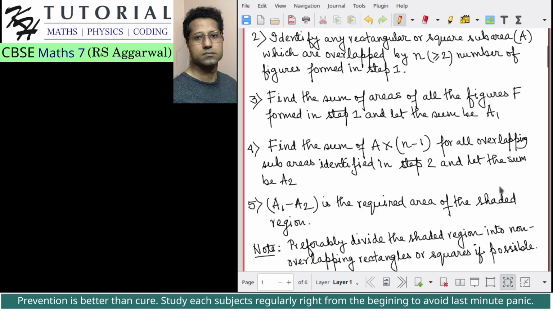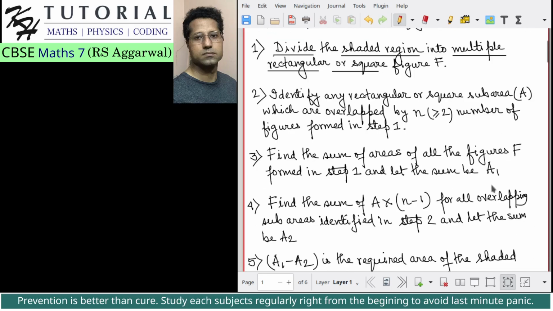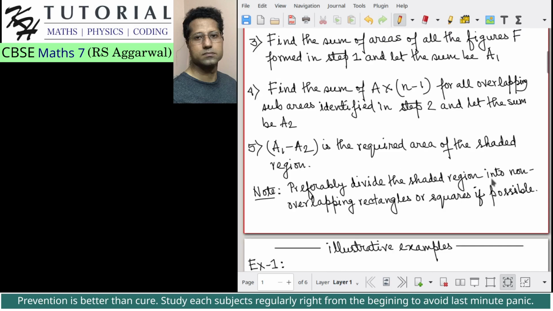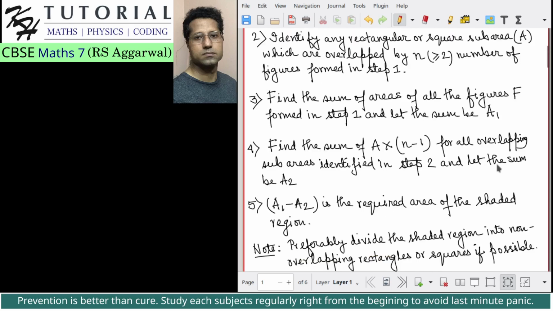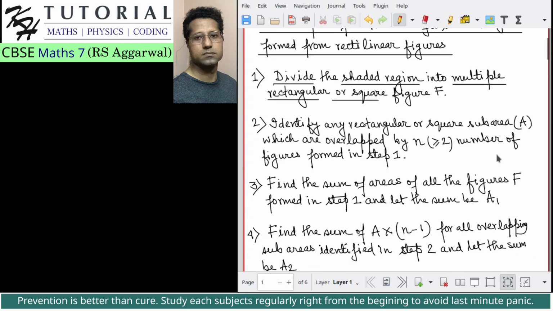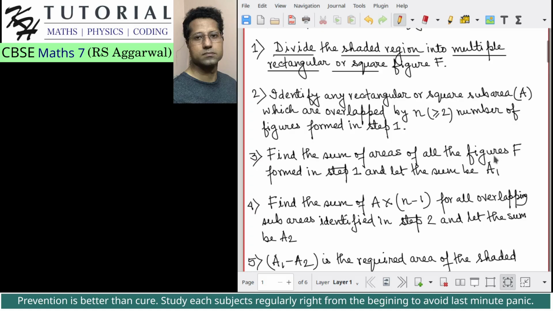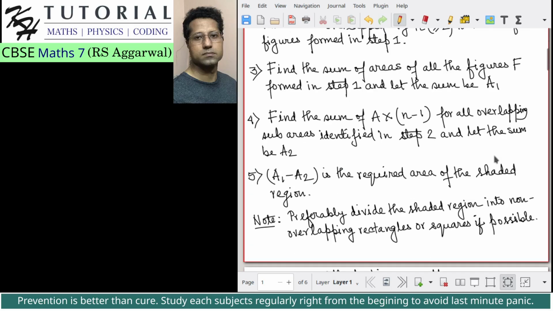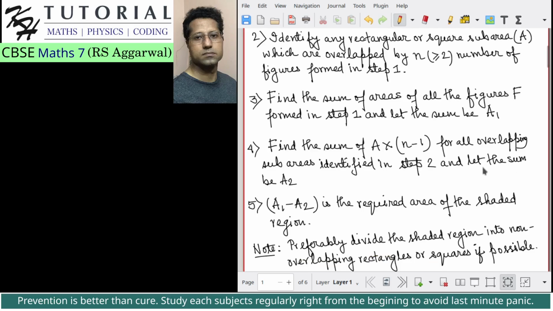Now please do not worry much about these steps. It will be clear when we solve problems. One thing to note is that in step 1, when you divide the shaded region into multiple rectangle or square figures F, it is preferable to form the figures F so that they do not have an overlapping region, because if they do, there is extra work to find A2, and then you have to subtract A2 from A1.